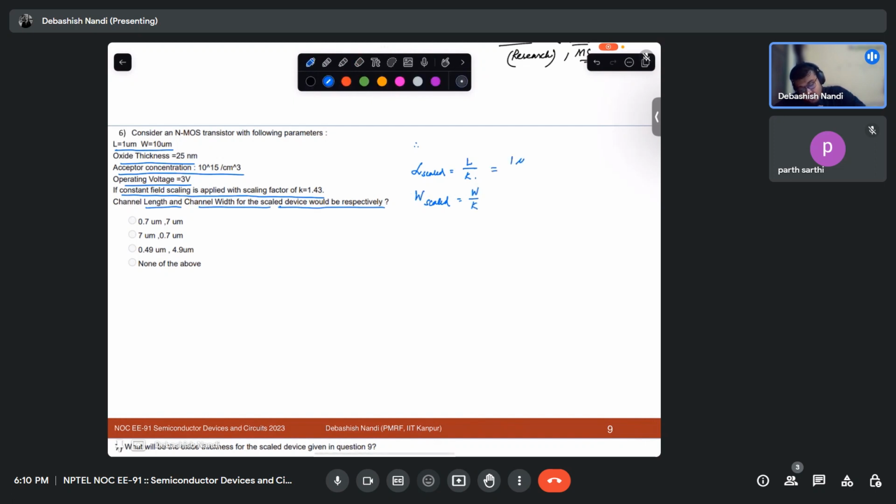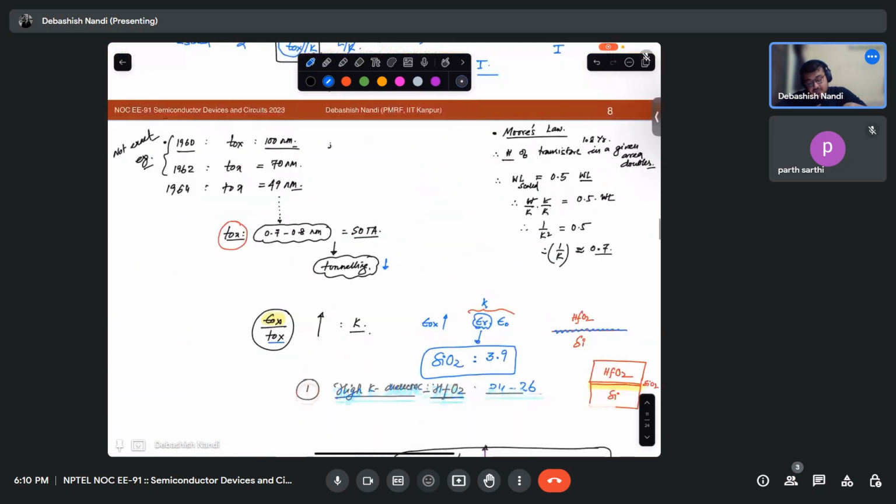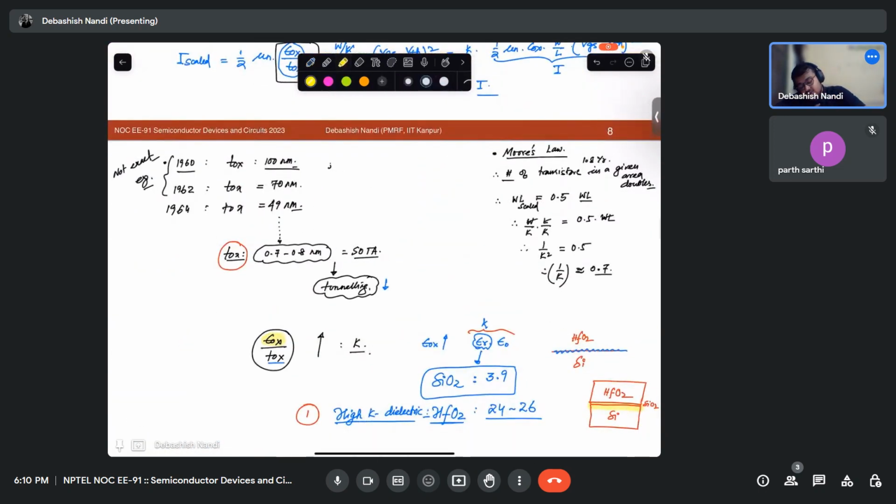L was 1 micrometer over 1.43. It will give me 0.7 micrometer. That one I have discussed. This factor would be 1.43, which will give you 1 over 1.43 is 0.7. And why 0.7? Because of this fellow's prediction, Moore's law.